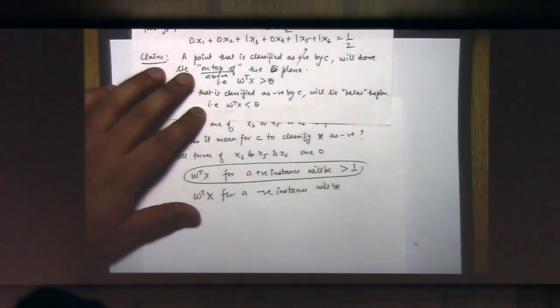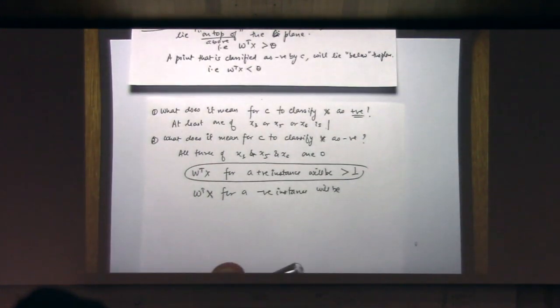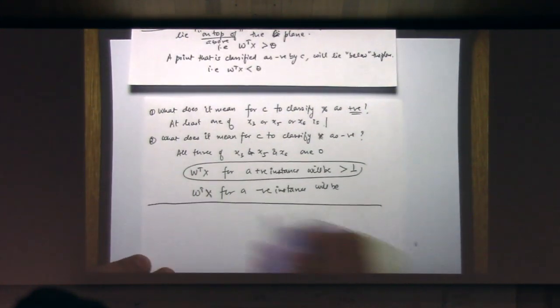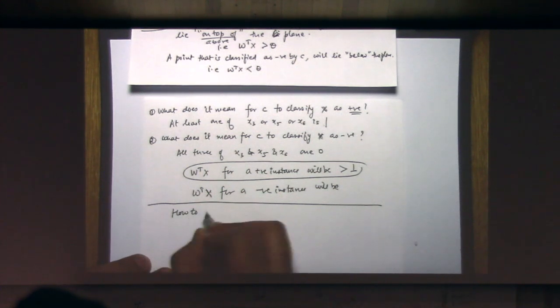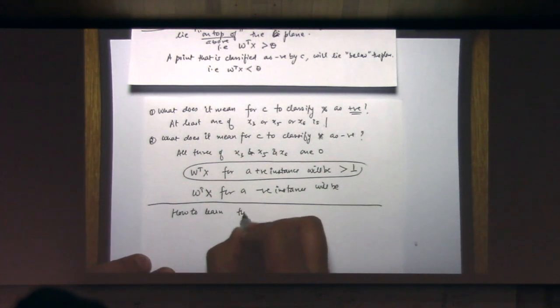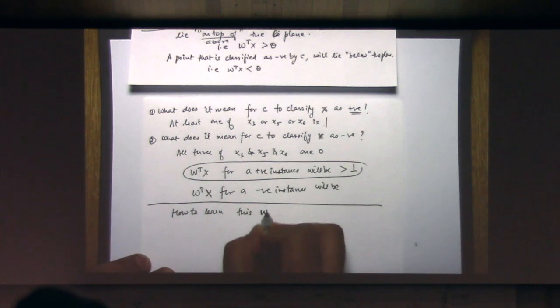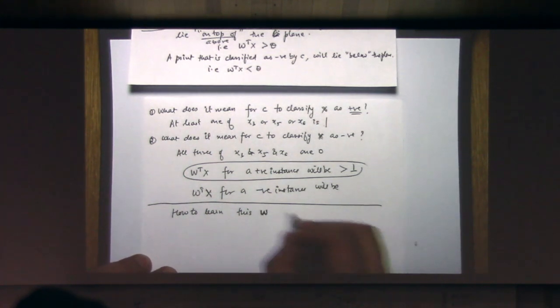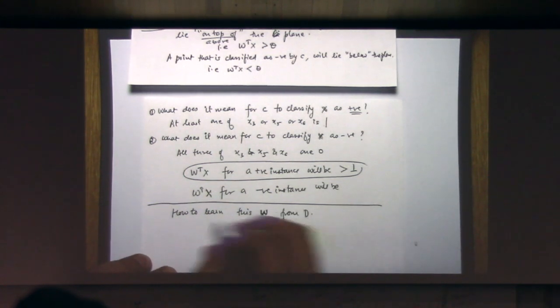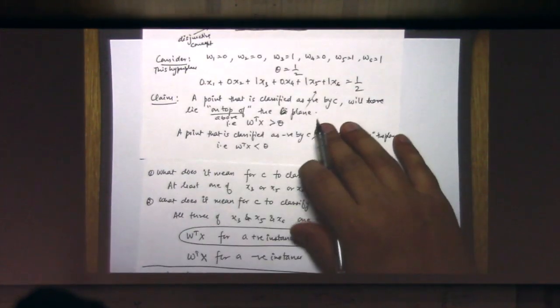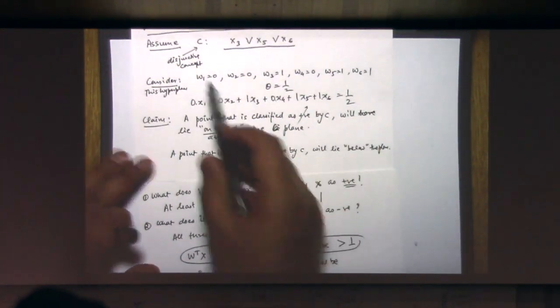All right, so equipped with this knowledge, the next question is how to learn this W from training data, from D? Because earlier I just arbitrarily told you to consider this plane.